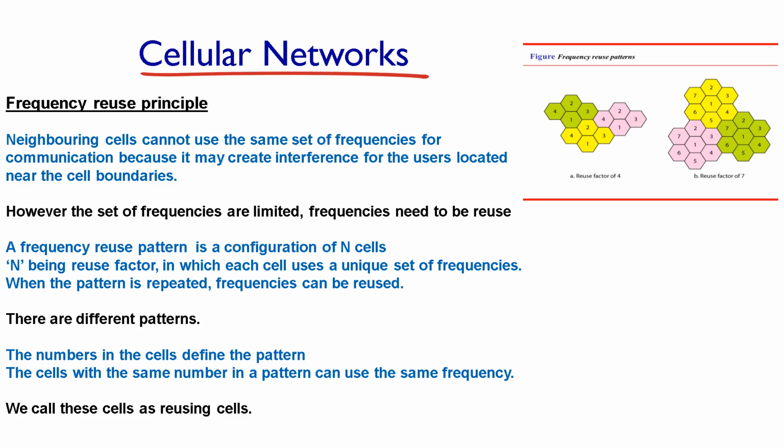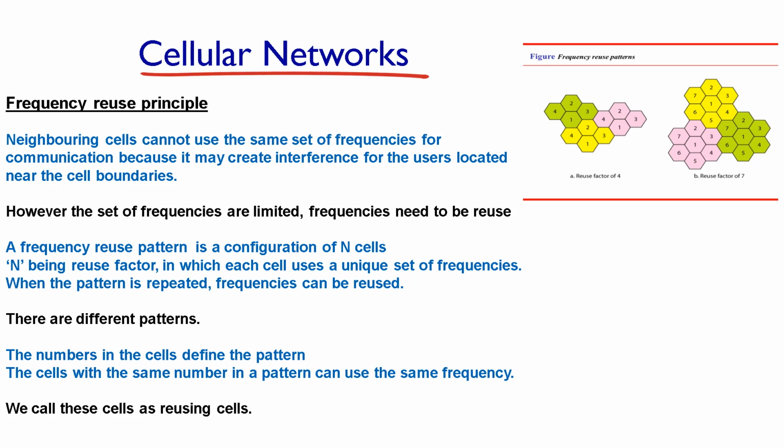Cell phones work on the basis of a principle called the frequency reuse principle. In this figure, each hexagon represents a single cell, and there will be one antenna for each cell.